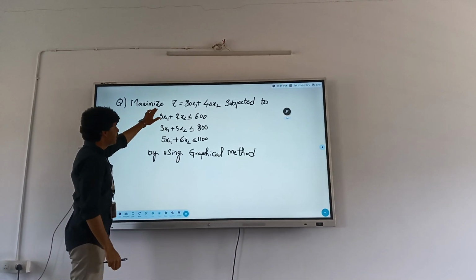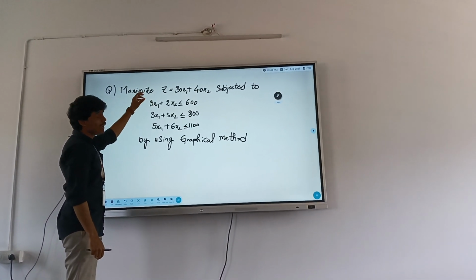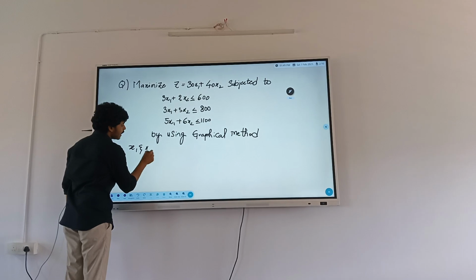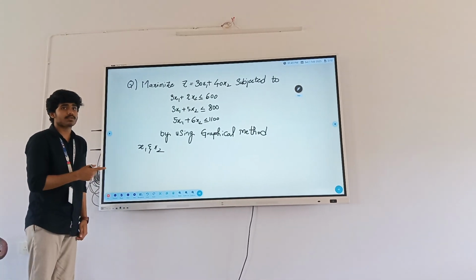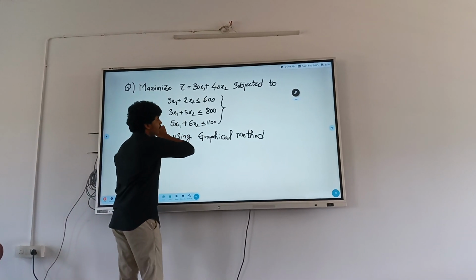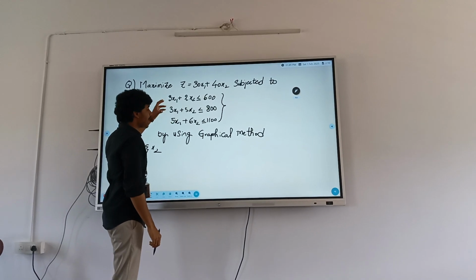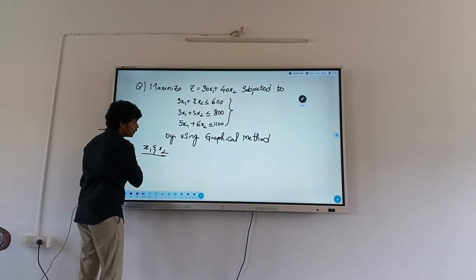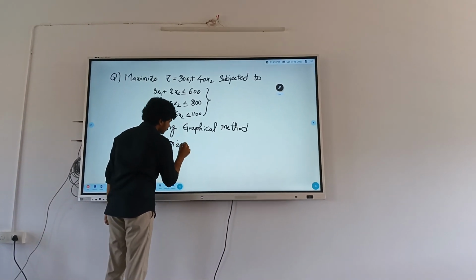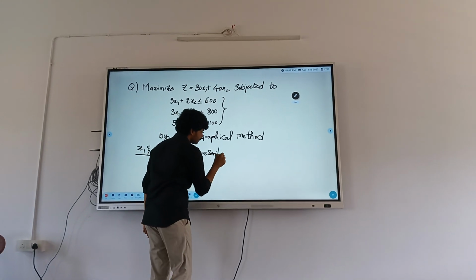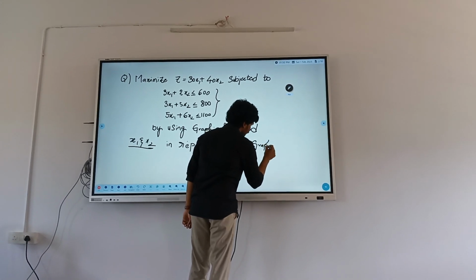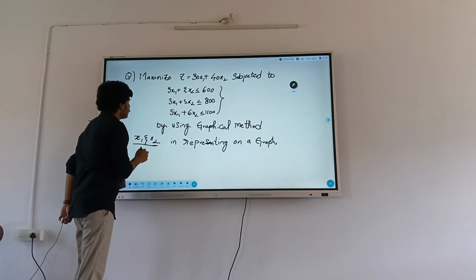Here they give the z value and we have to maximize it by finding the x1 and x2 values. How do we find the x1 and x2 values? Based on these subject equations, we have to find the x1 and x2 values by representing them on a graph.